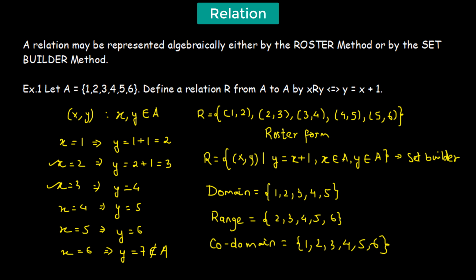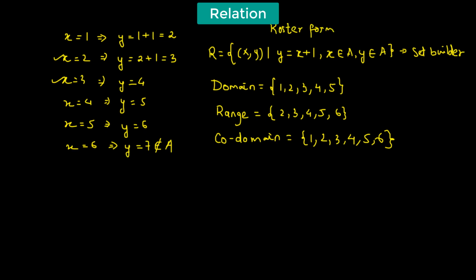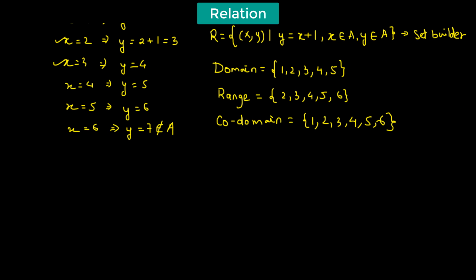So now that we have the domain, range and codomain, let's try to represent it pictorially. So we draw a Venn diagram. Let's draw it bigger.